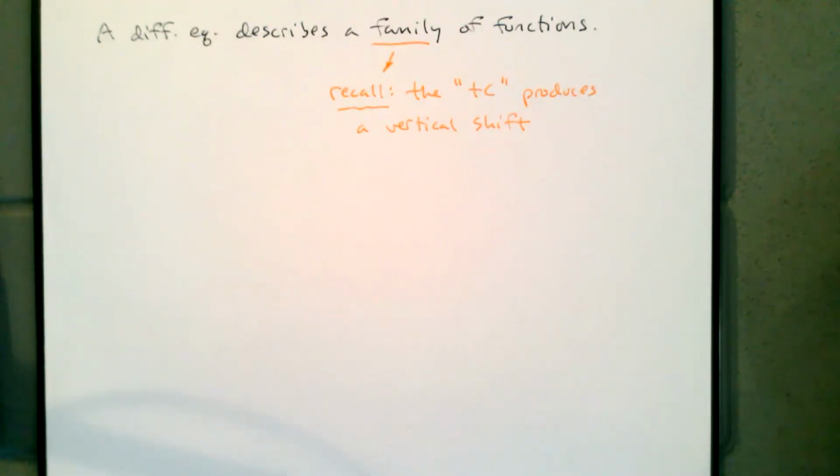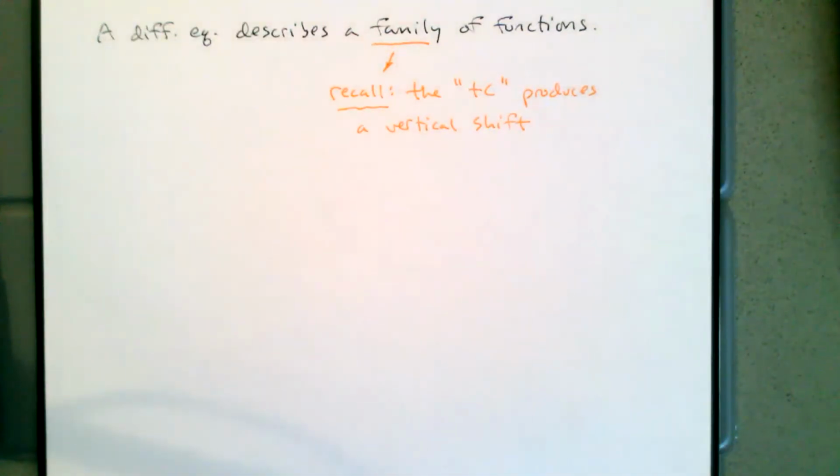So they all have the same shape. They're just vertical shifts of each other. All the solutions to y double prime equals some constant are going to look like parabolas, just moved up and down and right and left.